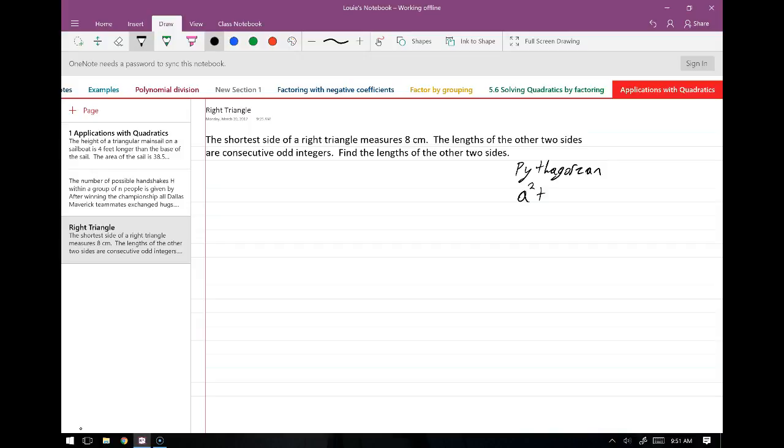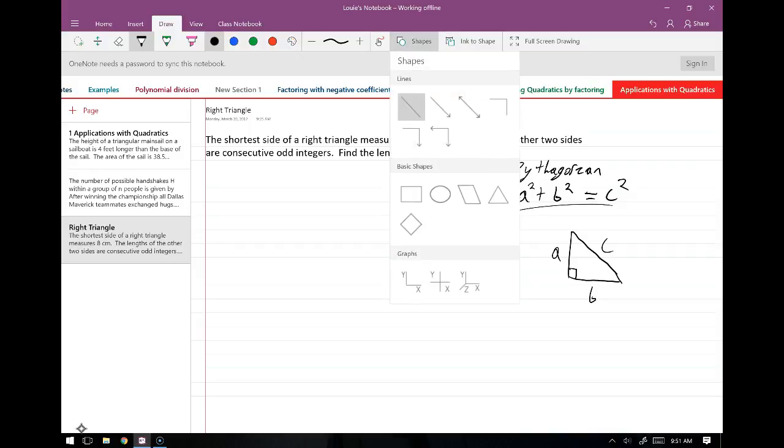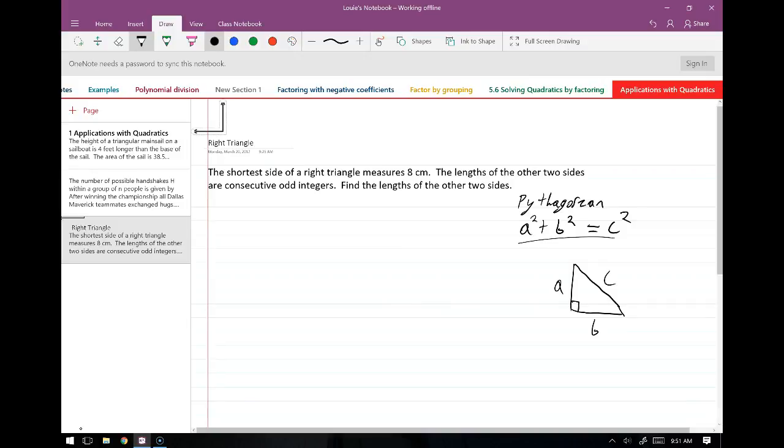It says a squared plus b squared is equal to c squared on some right triangle. If this were A, this were B, and this were C, then this would be the case. Let's see if I have a right triangle in here. I do not, but I'm just going to draw one out.